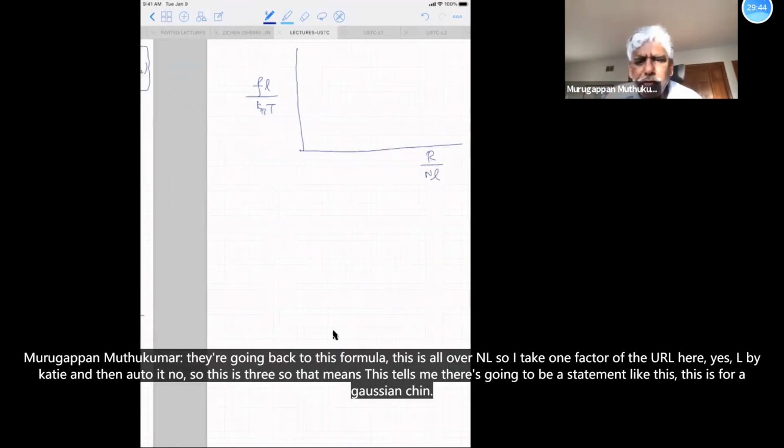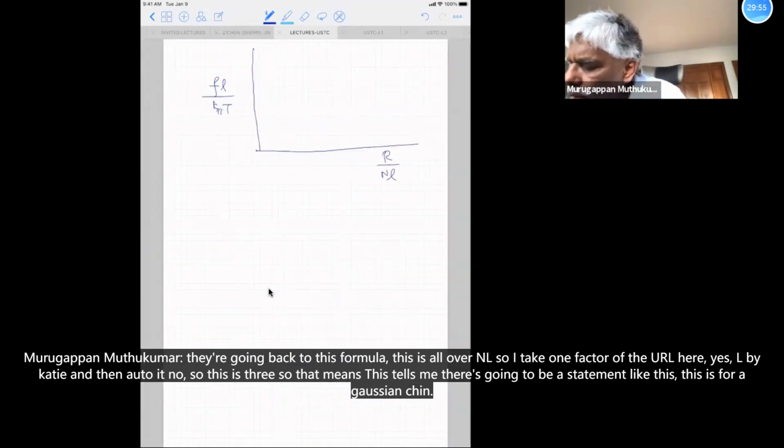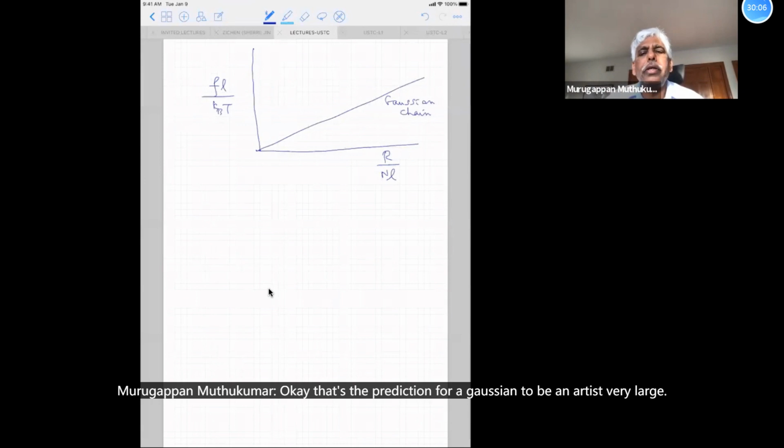That is going back to this formula. So this tells me there's going to be a straight line like this. This is for a Gaussian chain. Okay, that's the prediction for a Gaussian chain.